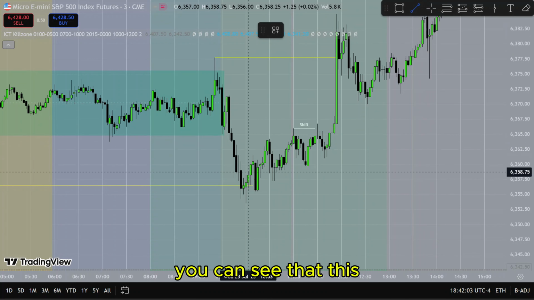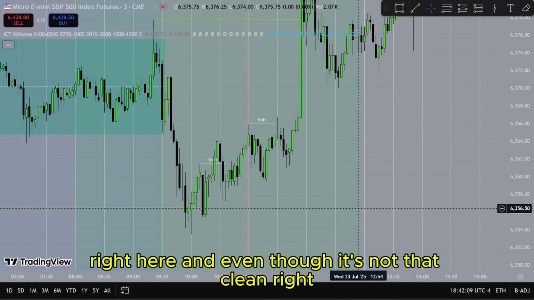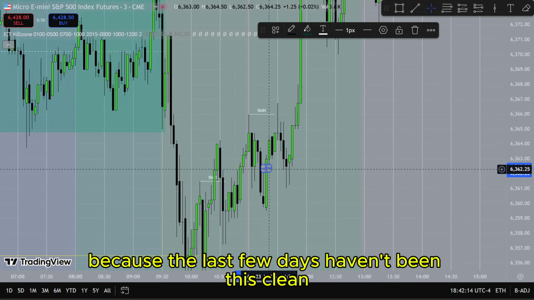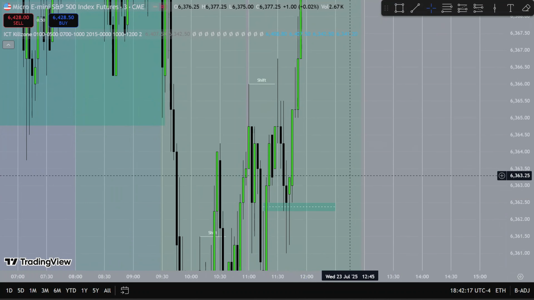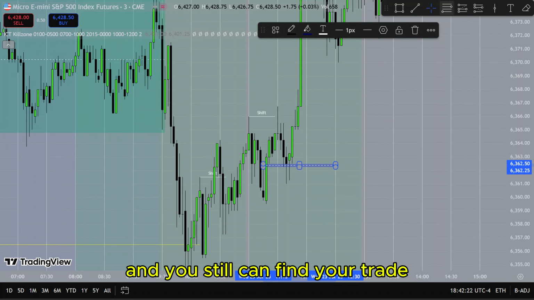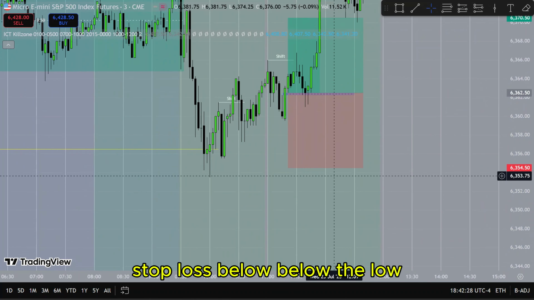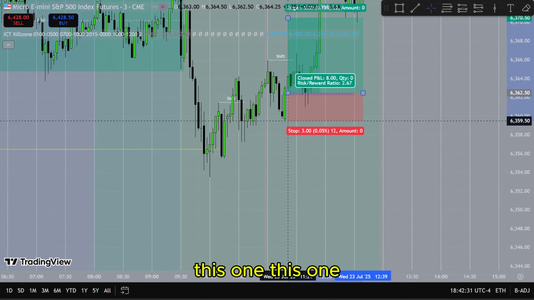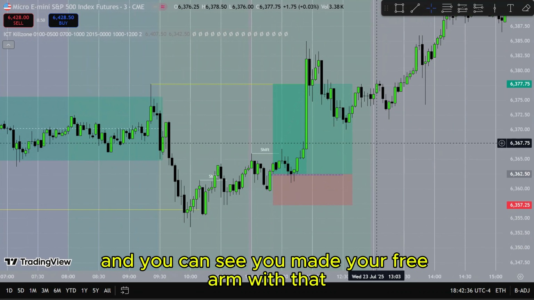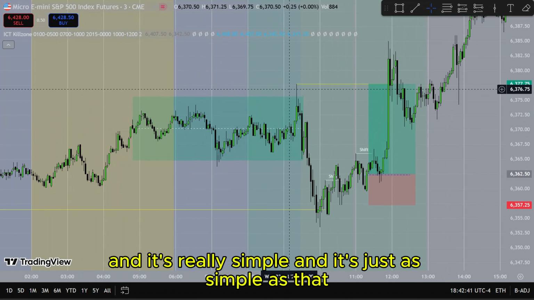You can see that this market structure is now shifting bullish right here. And even though it's not that clean, right? It really isn't, because the last few days haven't been this clean. Right here you can still find your fair value gap, and you still can find your trade and your really good entry right here. Stop loss below the low. This one, it doesn't really matter. Target at the high, and you can see you made your 3R with that. And it's really simple, and it's just as simple as that.